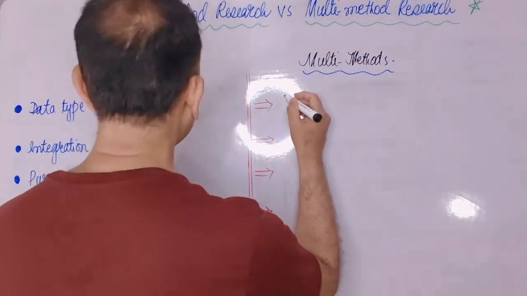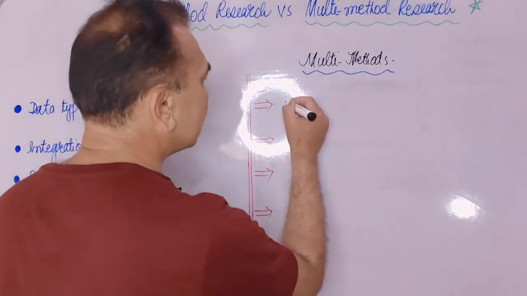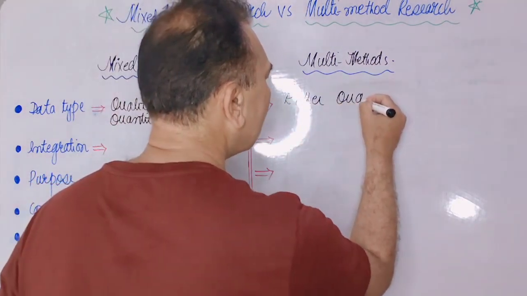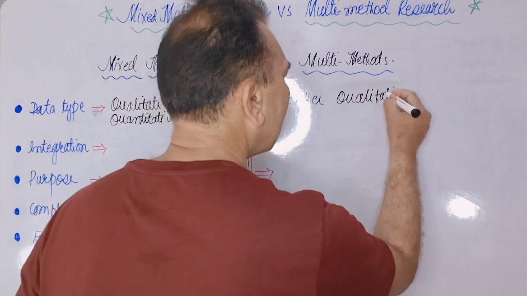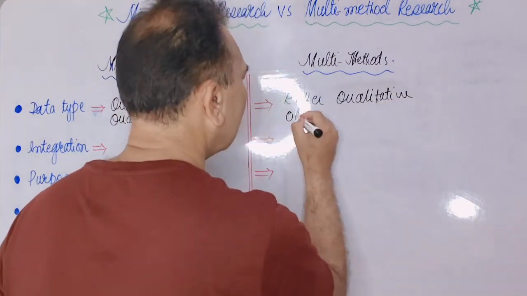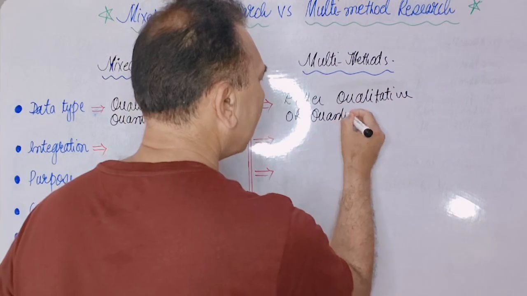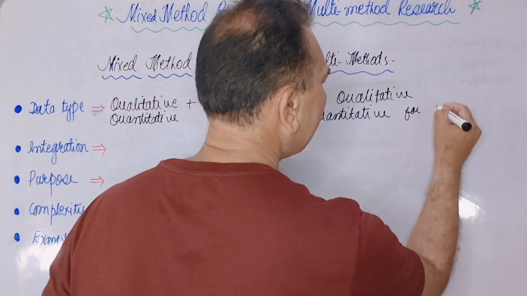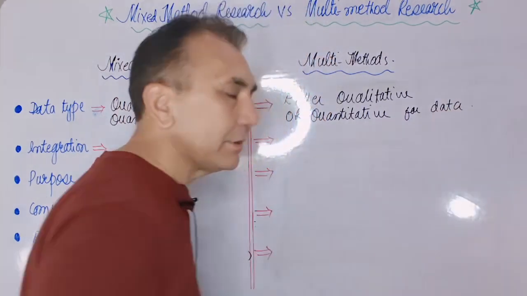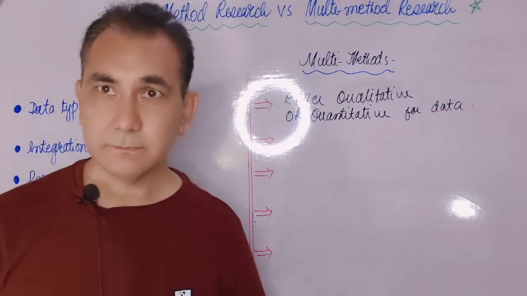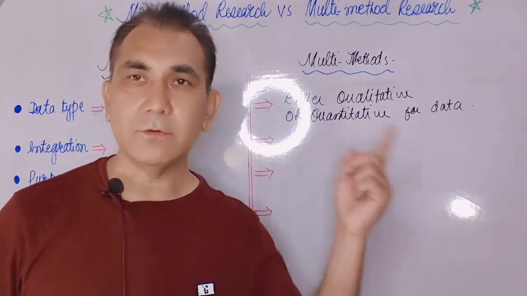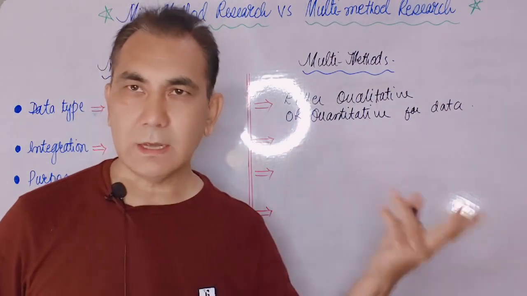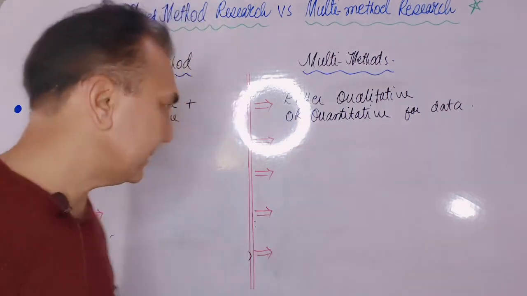While in the multi-method, the researcher uses either qualitative or quantitative paradigm for data collection. Either you use IDI and focus group discussion, or maybe he uses the survey and the secondary data analysis.